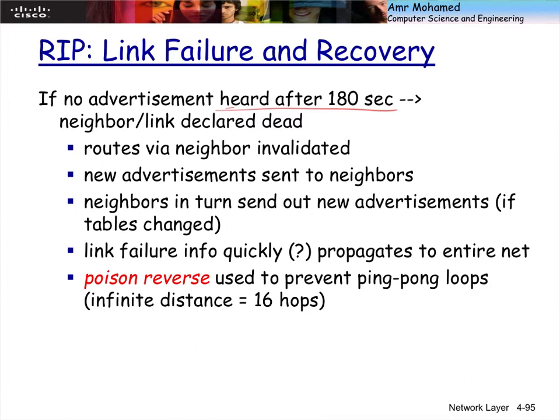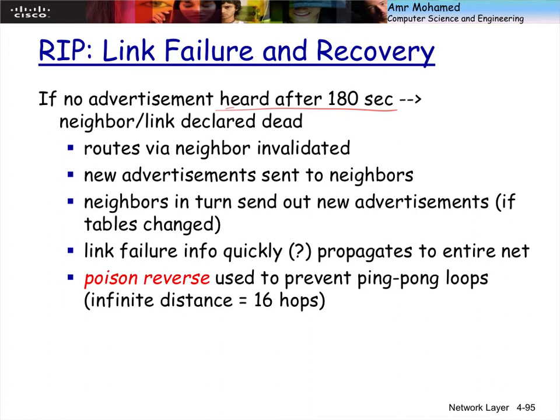After 6 rounds, which means 180 seconds, if I did not receive any route updates from a particular router, RIP considers that the link to this router is disconnected. So we set the cost of this link between me and the router to infinity, and now we have to report it.